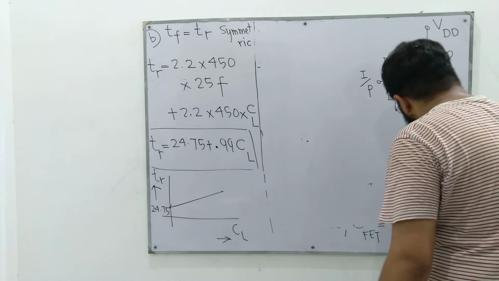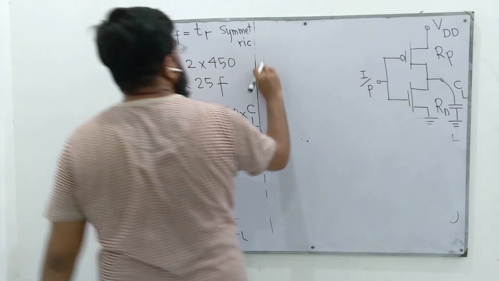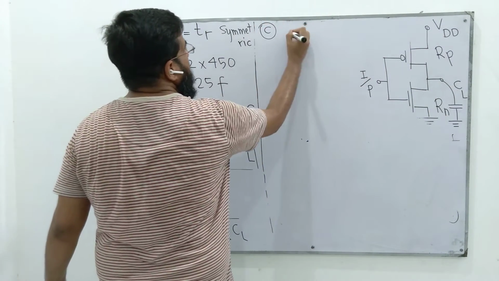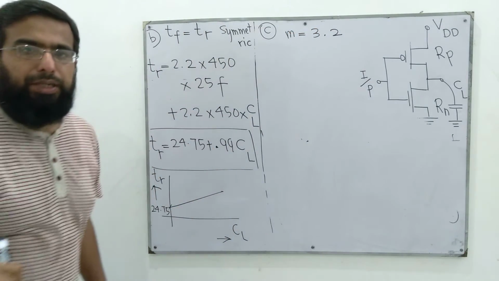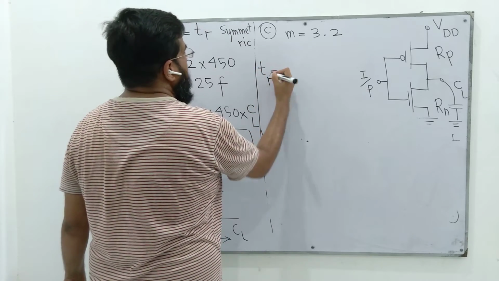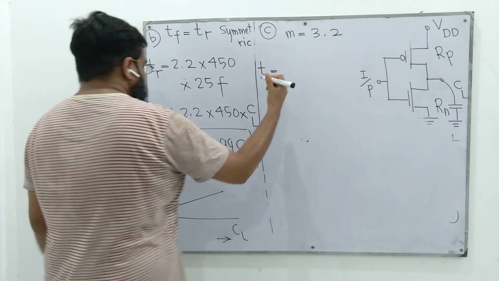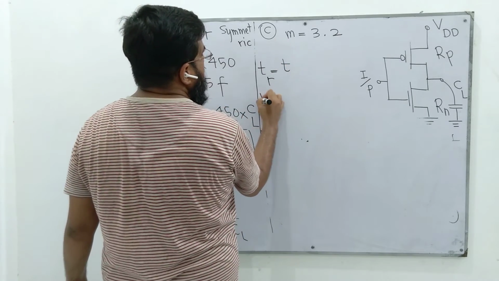The last step, part C. In part C, we are given that now we have to work with a scaling factor m, which is equal to 3.2, and we have to find the new value of Tr. You already know the expression for Tr for m.